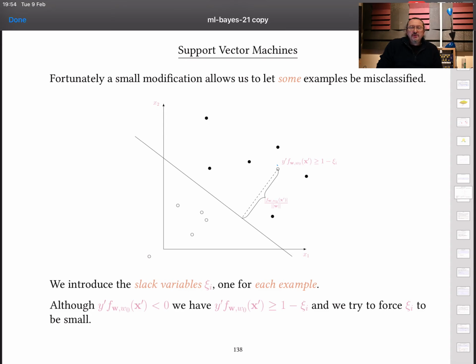And to do that, we introduce for each training example a slack variable. So the ith training example has an ith slack variable psi of I, or psi sub I. We force those to be non-negative, and now instead of trying to constrain y prime f of x prime to be greater than or equal to 1, we constrain it to be greater than or equal to 1 minus its slack variable.